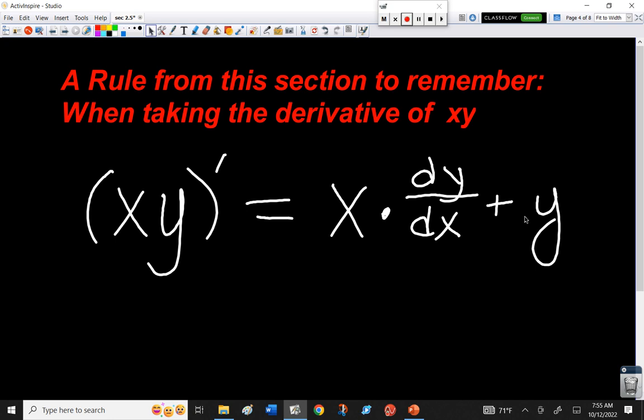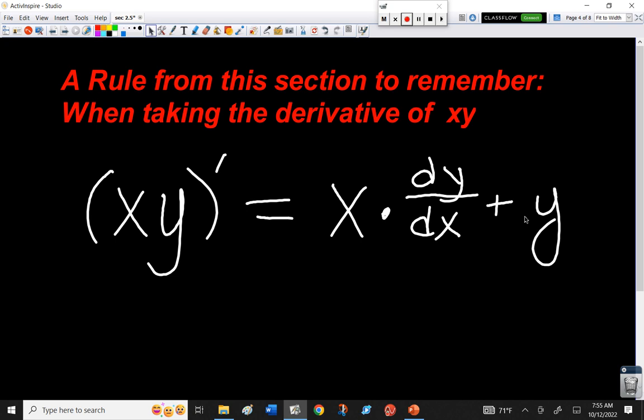And a lot of people ask me, well, how come you don't write dx dx? Well, the derivative of x with respect to x is 1. The derivative of y with respect to x is not always 1. Okay, so we'll talk a little bit more about that when we actually do some stuff. But ladies and gentlemen, this is a rule, and you're going to see x times y a lot.